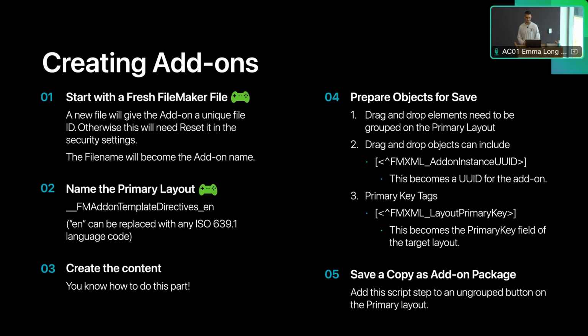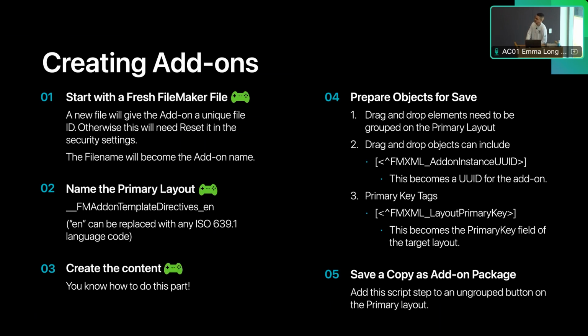Next, you'll want to name the primary layout. Here is the name for that, and you can see at the end there is a trailing ISO language code, which can be replaced with any of those. You can just do a quick search for those, and it will support multiple languages.